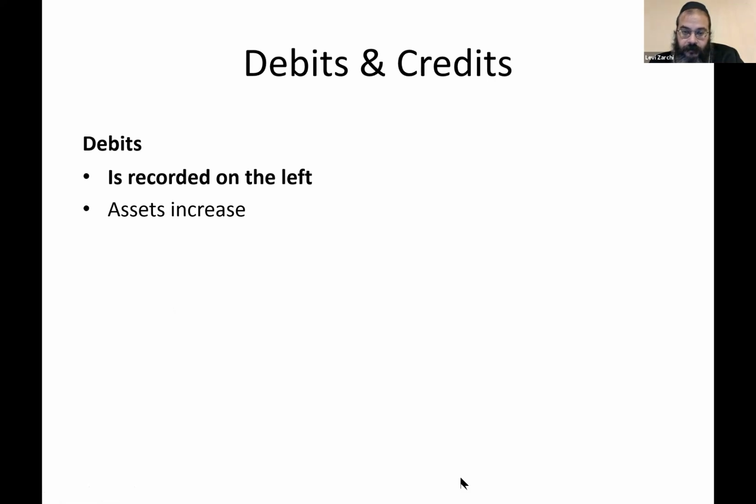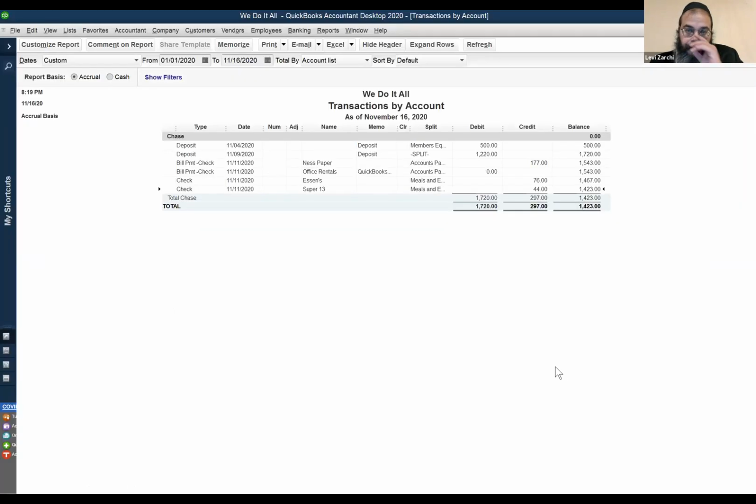Let's go back to QuickBooks and see how the assets are increasing when we make these deposits. The credits are obviously the opposite side. That's decreasing the assets, right? The bank was holding 1720.